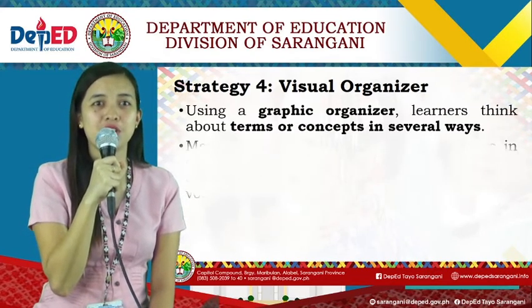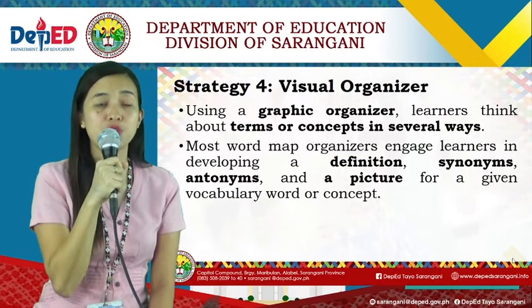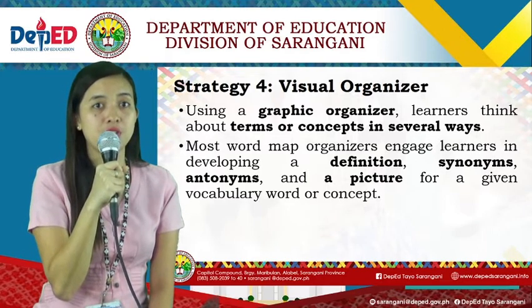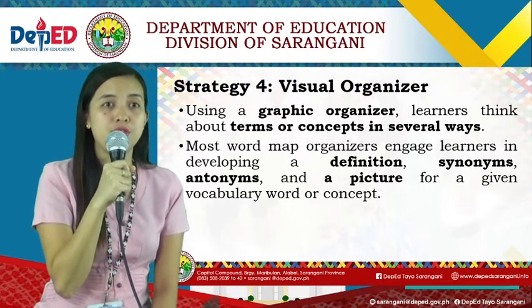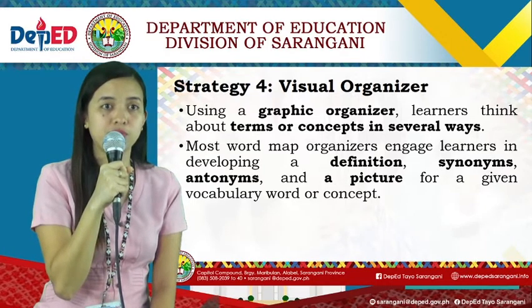Using a visual organizer, learners think about terms or concepts in several ways. Most word map organizers engage our learners in developing a definition, synonyms, antonyms, and a picture for a given vocabulary word or concept.